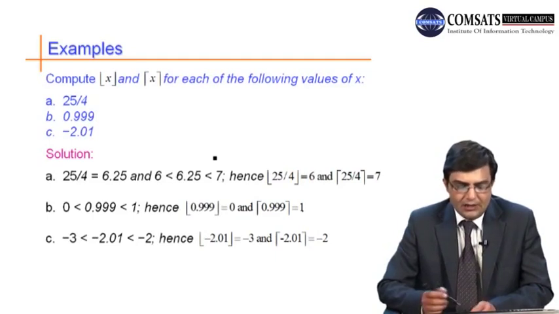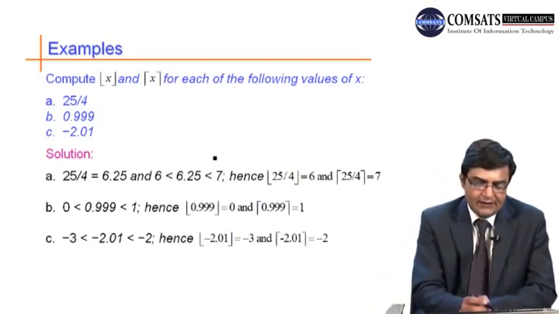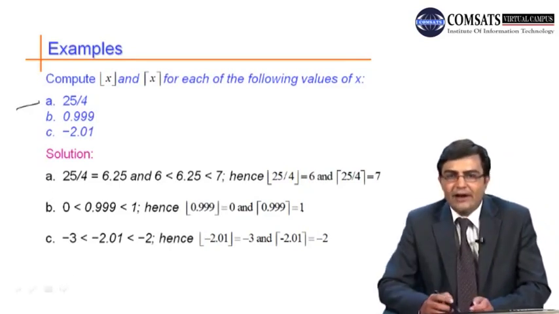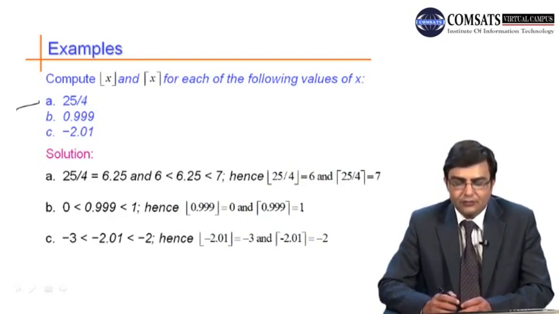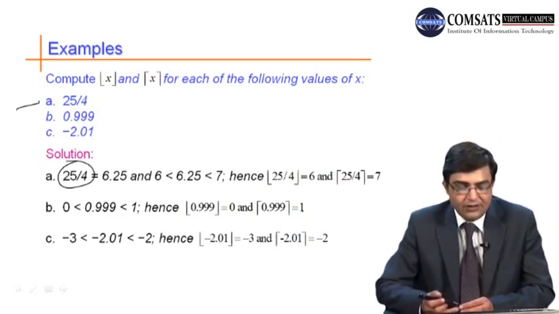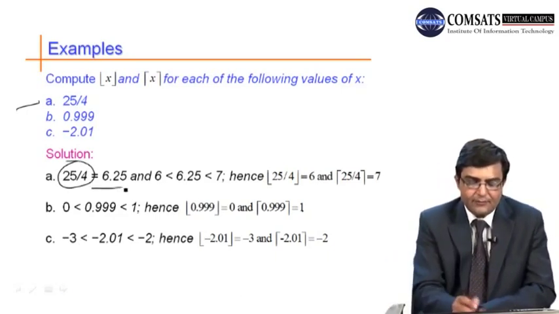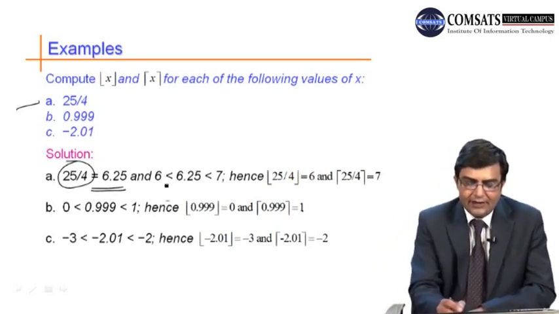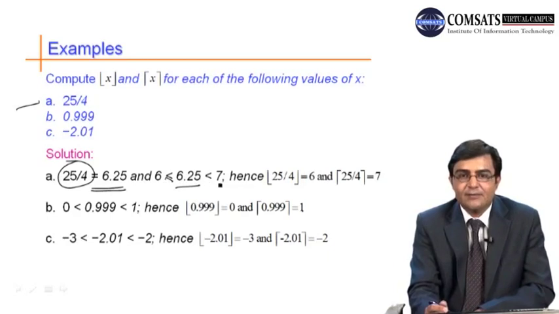For example, you can see on the slide, if we take 25 by 4, what is the floor and ceiling of 25 by 4? If we perform the division, we obtain 6.25 in decimal form. Now 6.25 is greater than or equal to, here we must write greater than or equal to by the definition of floor function, 6 and less than 7.